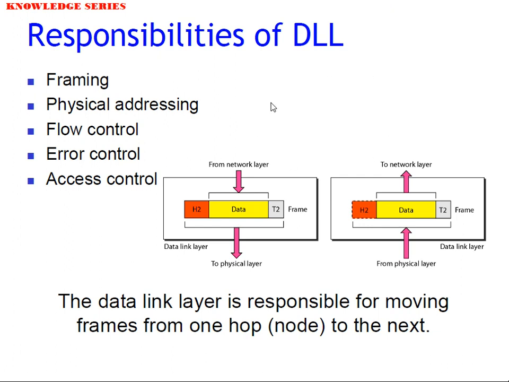The data link layer's responsibility is to provide reliable delivery of data from node to node, so that whatever information we want to transmit is checked at this point.